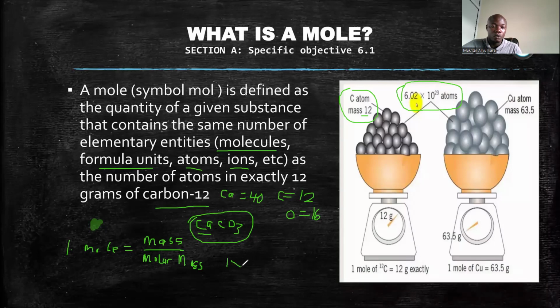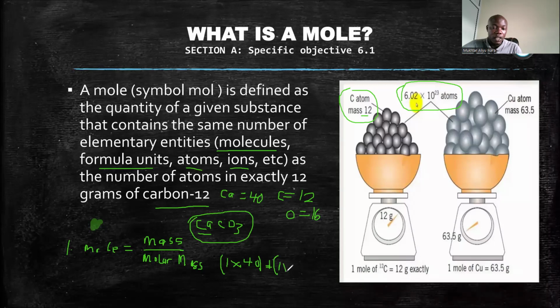So we are now going to say 1 times the mass of calcium, which is 40. Because we only have 1 calcium, that is why we say 1 times 40. That is for calcium. And then now we move to carbon. How many carbons do we have? We have only 1 carbon. So since we have 1 carbon, then we open another bracket.